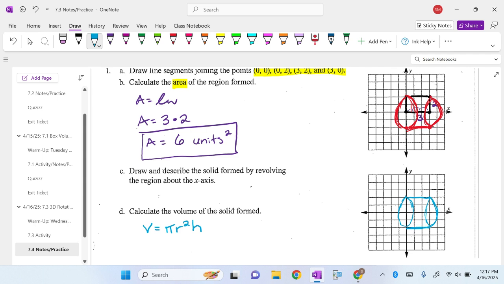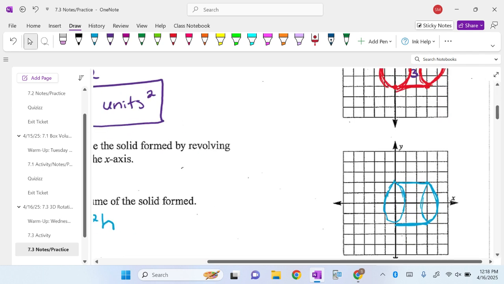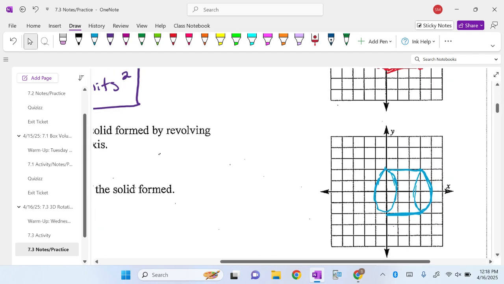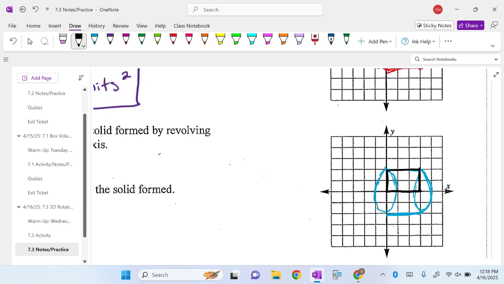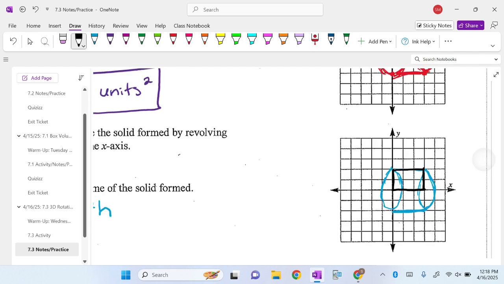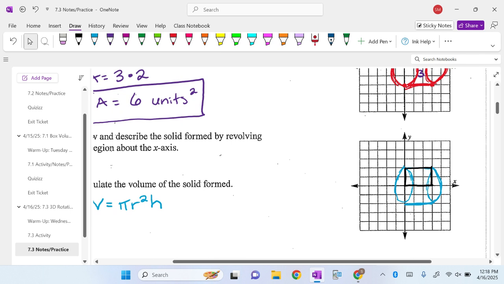All right. So there's my cylinder that I just redrew from this rectangle. So here's the rectangle in here. Now, I need two things. I need the radius and I need the height. Technically, we already have both.